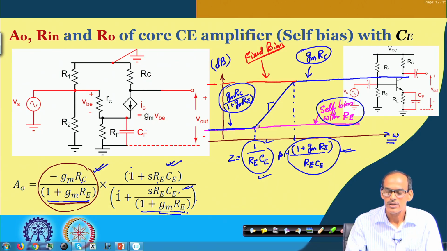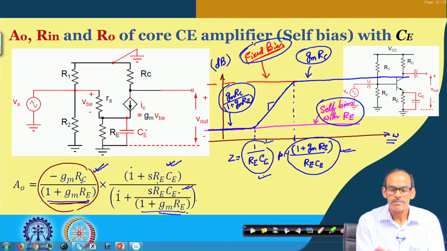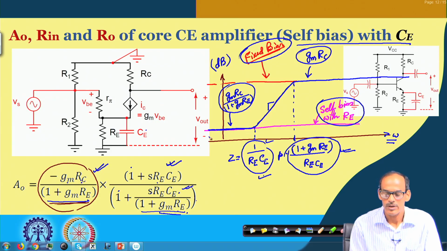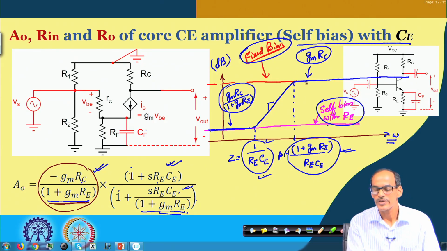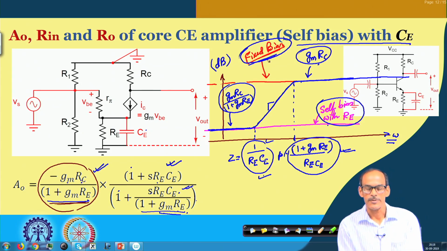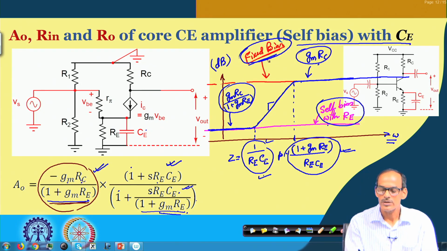Beyond this point it has a changeover starting, and once it reaches this point, it catches up with the gain of the fixed bias. So the self bias circuit with C_E has both behaviors. One is self biased with only R_E at low frequency, but at sufficiently high frequency the corresponding gain matches the fixed bias.